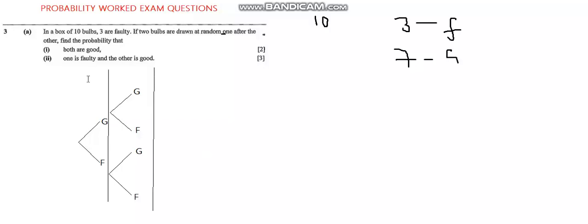So in our first selection, we have good and fault. Good, we have 7 out of what? Out of 10. So we write 7 out of 10. Then for fault, we have 3 out of 10.